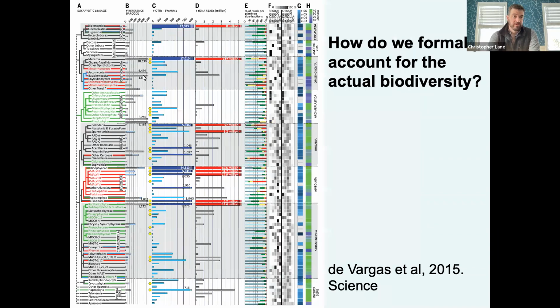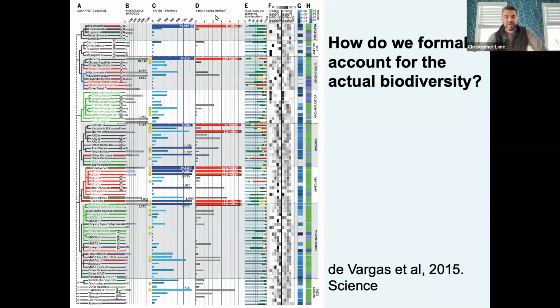It's a little bit overwhelming, but the backbone here is essentially a representation of the eukaryotic tree with all the major groups. There's a few things up top like OTU number and the number of reads that they were able to produce based on their data.